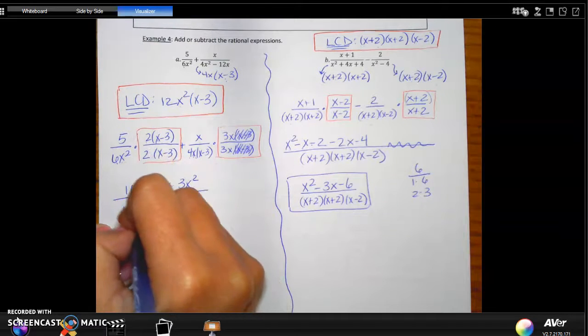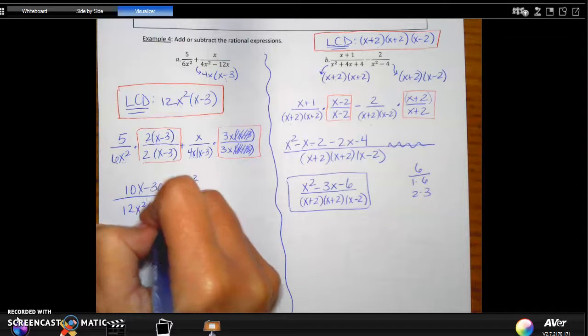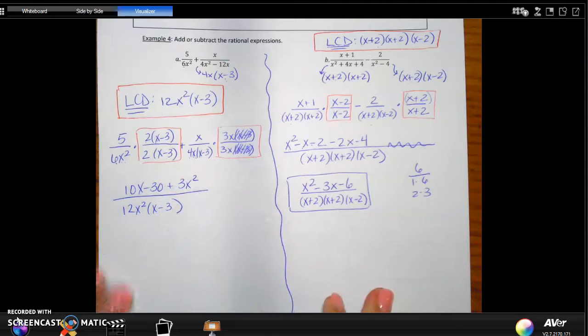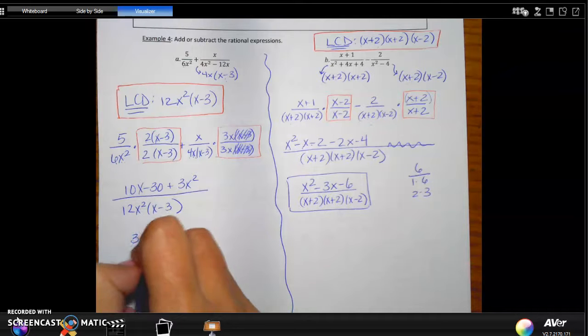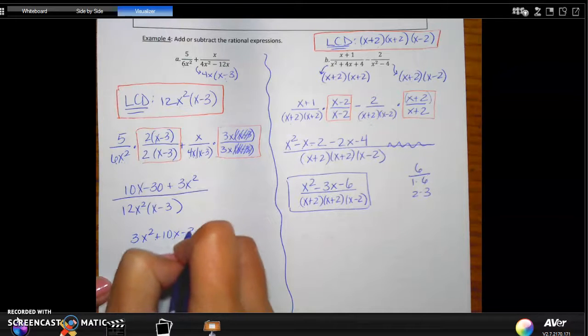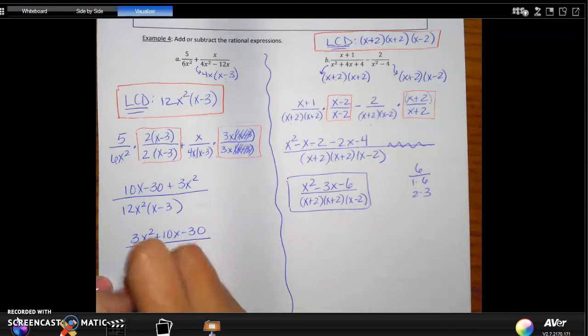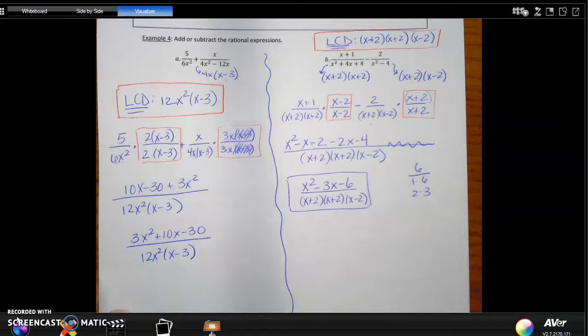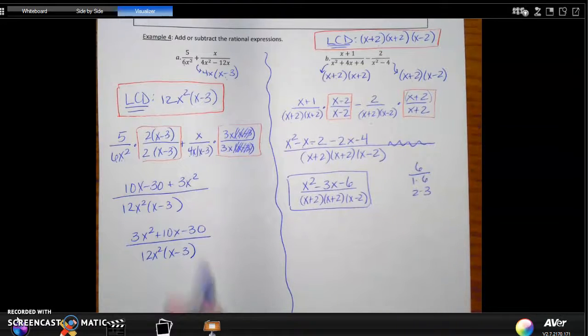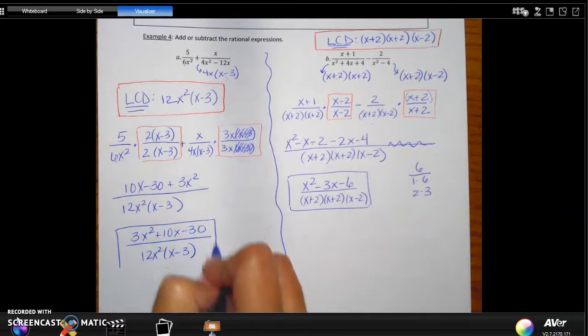Now we have our 12x squared, x minus 3 on the bottom, which is what we were looking for. Now we combine like terms, 3x squared plus 10x minus 30 all over 12x squared times x minus 3. And that would be the end of that problem as well.